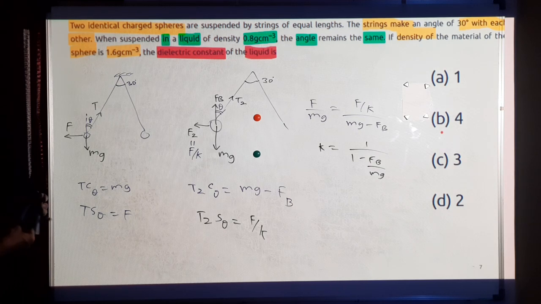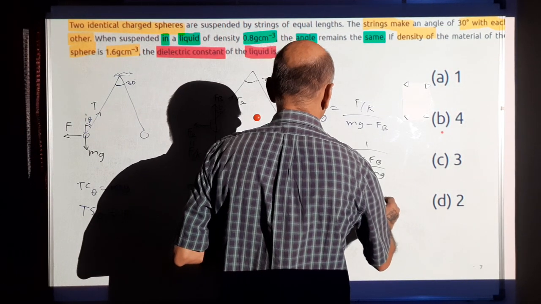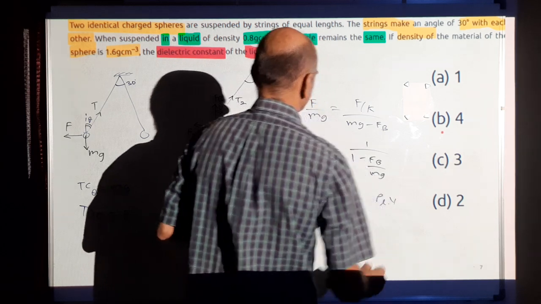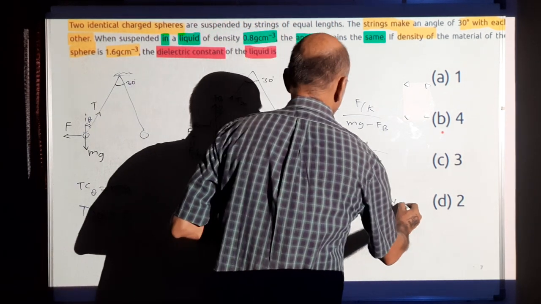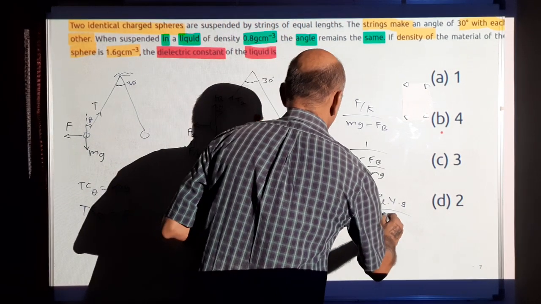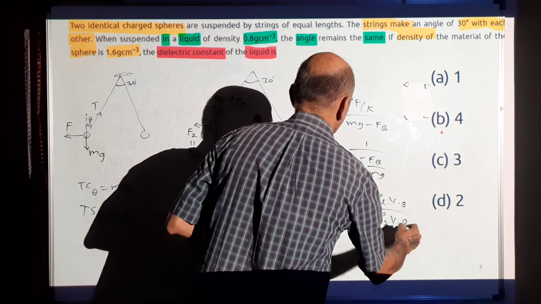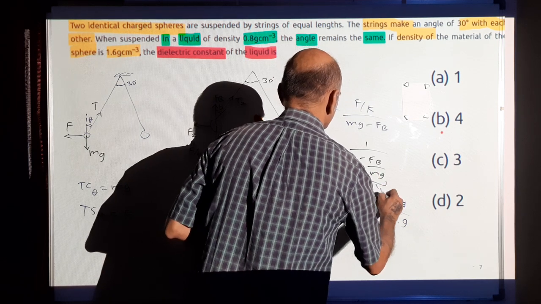Buoyancy force is the weight of the liquid displaced. That is the volume of the sphere into density of the liquid into g, and mass of the sphere is density of the sphere into volume, which is the same, into g. So this quantity is this one.